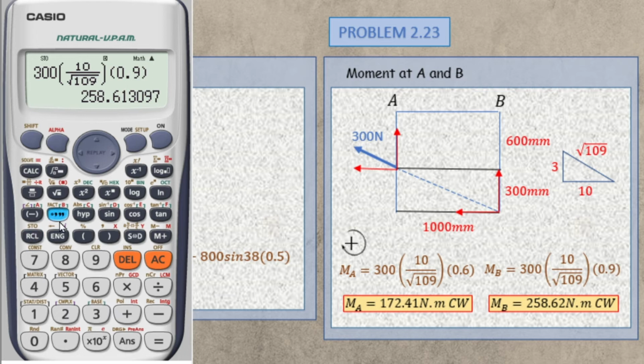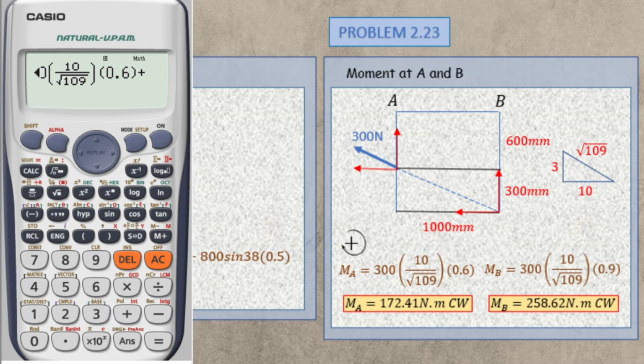But again, guys, you can use this component. By just showing you, 300 cosine theta, 10 over square root of 109, multiplied by 0.6. It is positive since it is clockwise direction based on our assumption, and this is clockwise direction also.